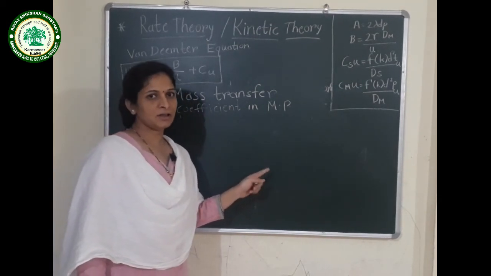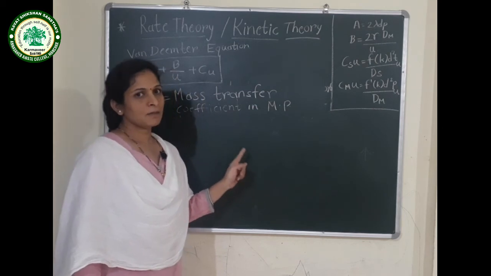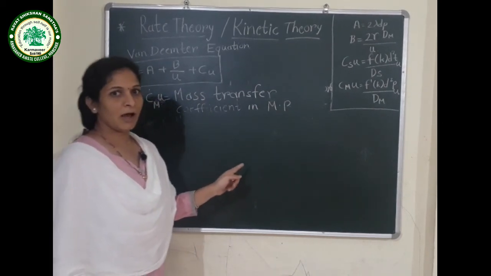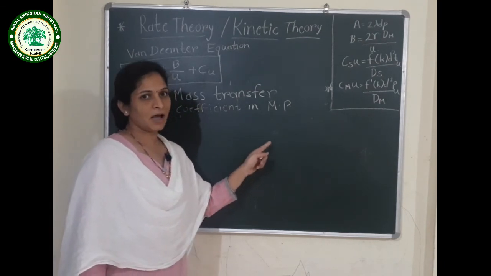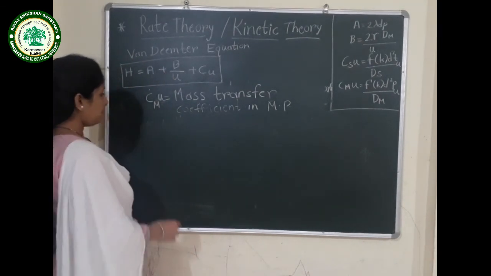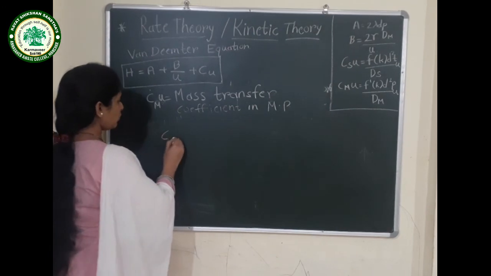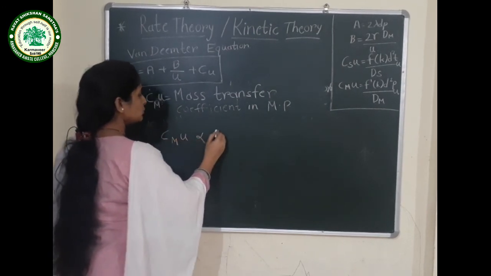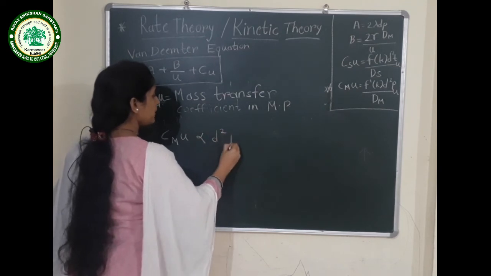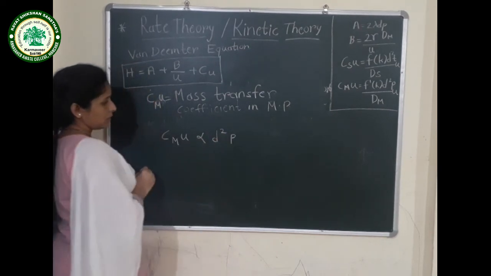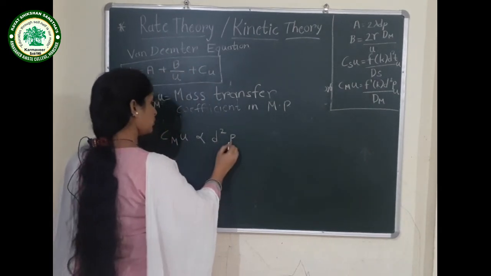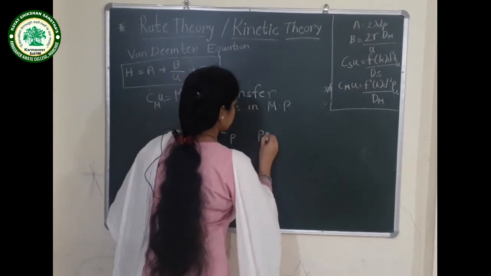If affinity with the stationary phase is less, then it will travel faster, because then it will have higher affinity with the mobile phase. Then what happens? This mass transfer coefficient in the mobile phase is directly proportional to d square p for the open tubular column and for the packed column.